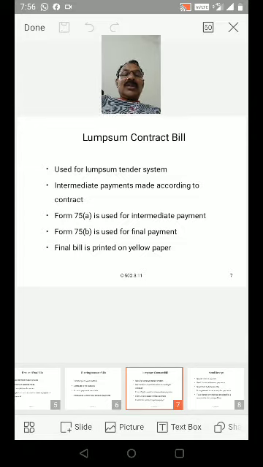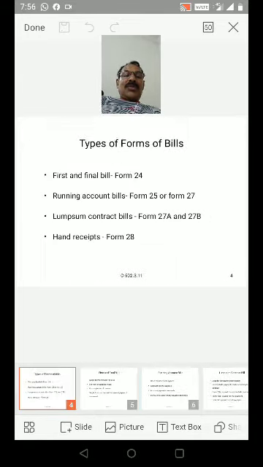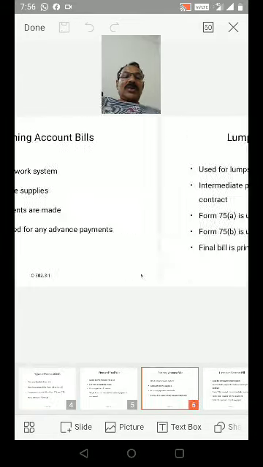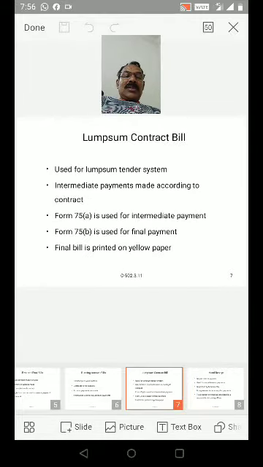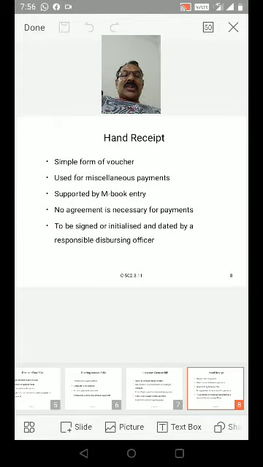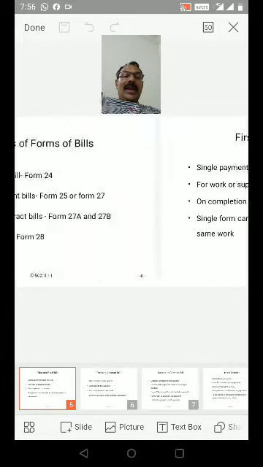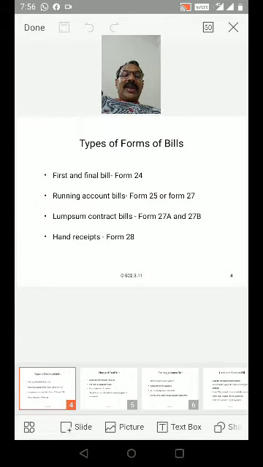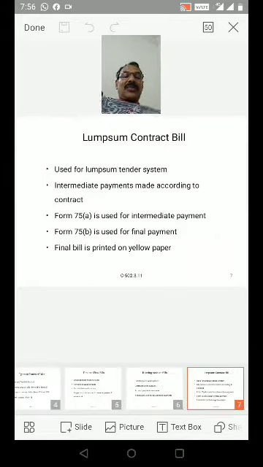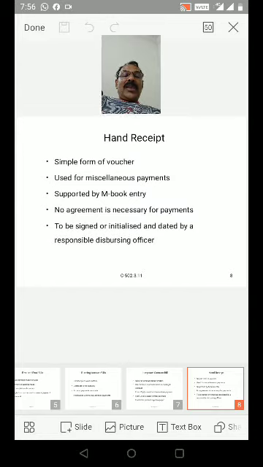This is the third one, and the types of forms of bills we have discussed: first one, second one, third one. Now we are going to discuss the fourth one, that is the hand receipt, form 28.